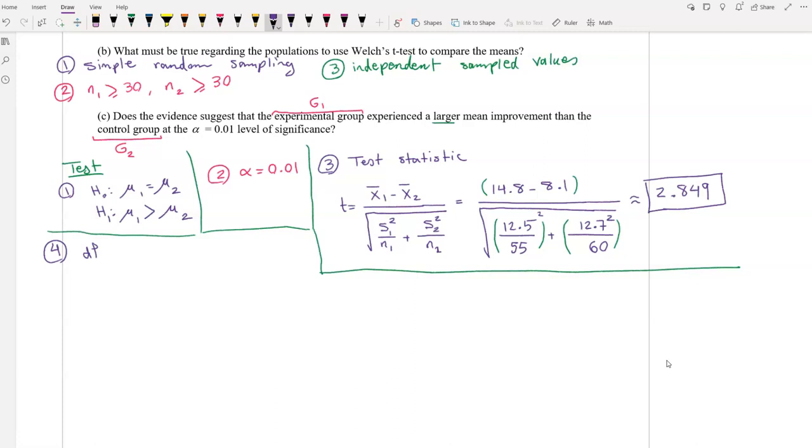The degree of freedom is 55 minus 1 is 54. This is for the first group, and here degree of freedom based on our second group is 60 minus 1 is 59. And we have to use smaller degree of freedom.